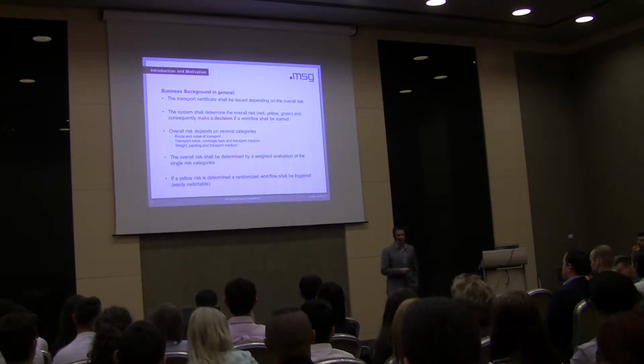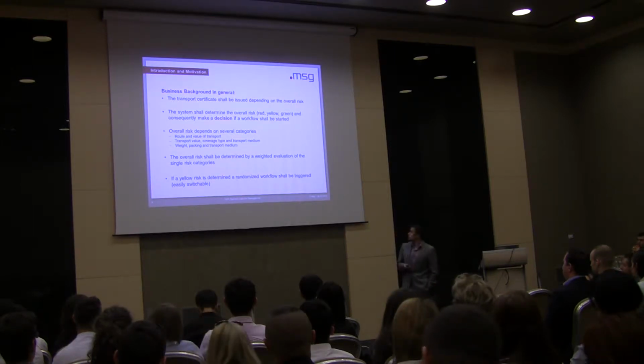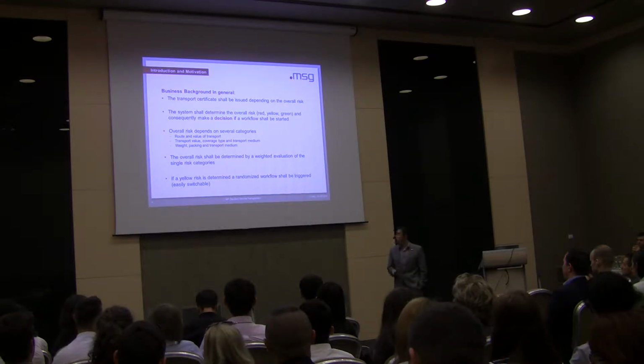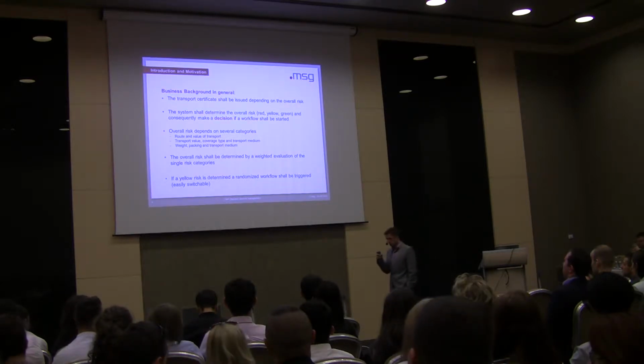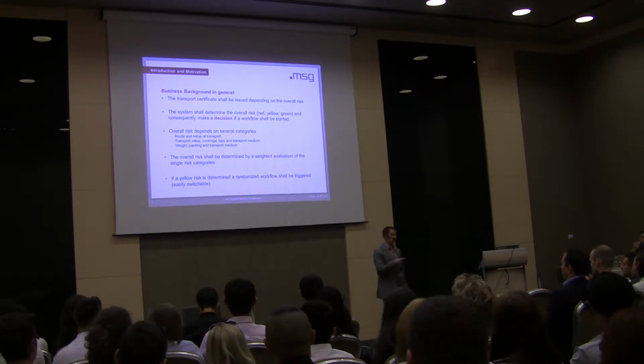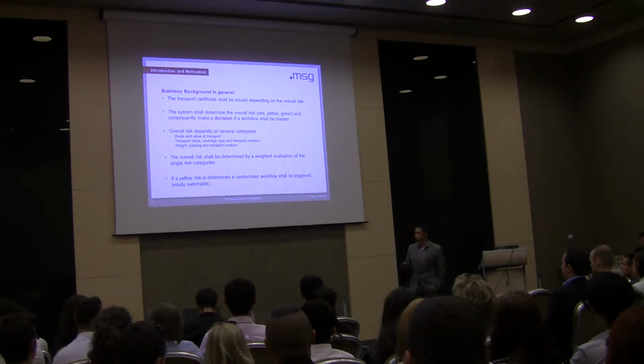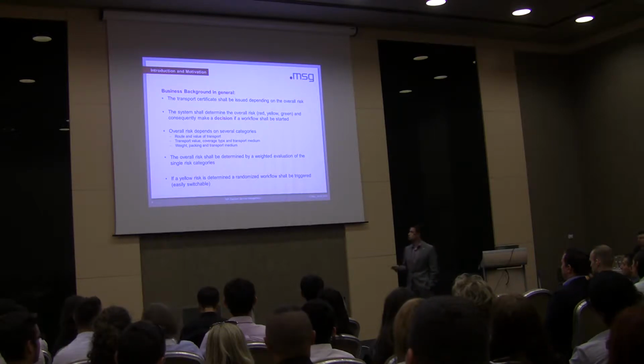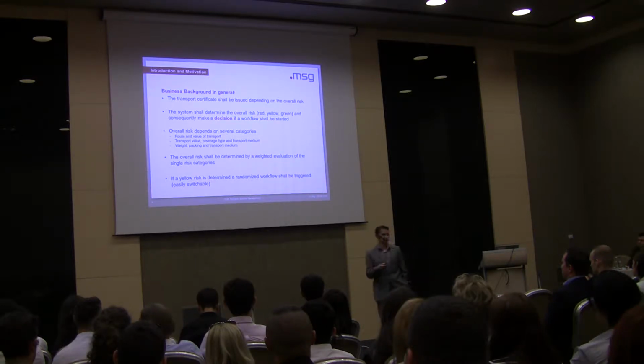Okay. So Victor already said a few words about the business background. We are in industry insurance. So we are issuing insurance certificates for transports, and these certificates shall be issued depending on the overall risk of the transport.